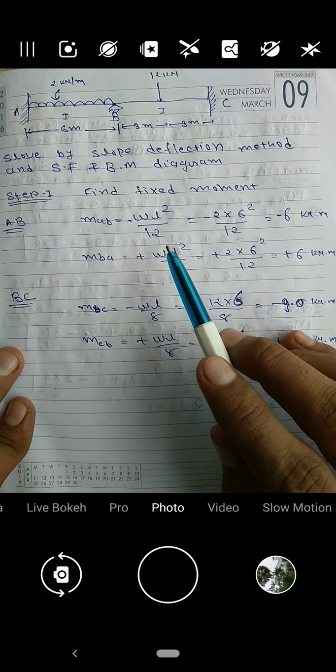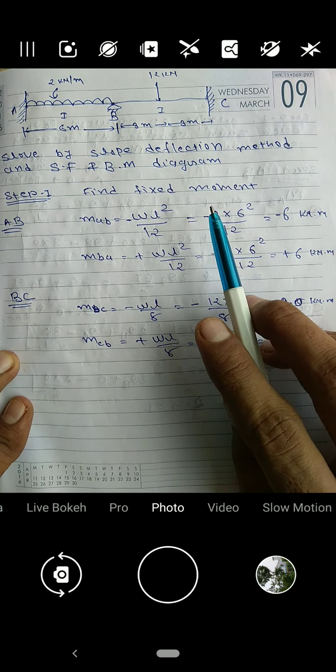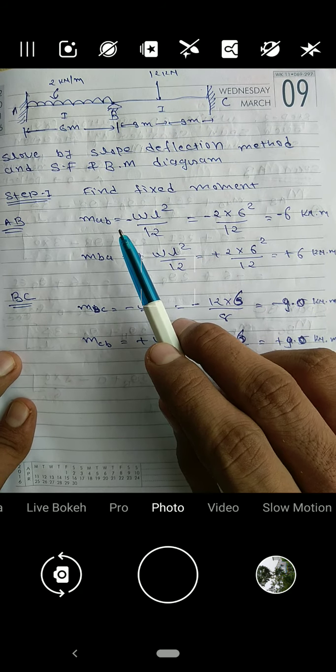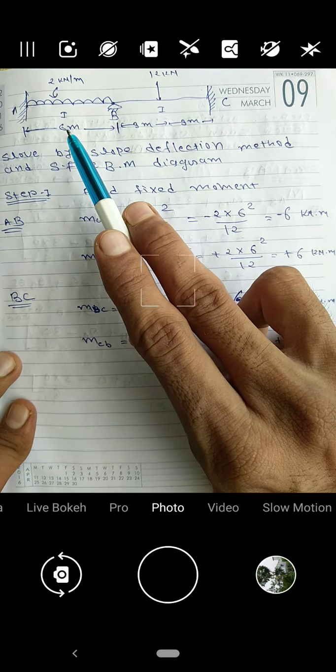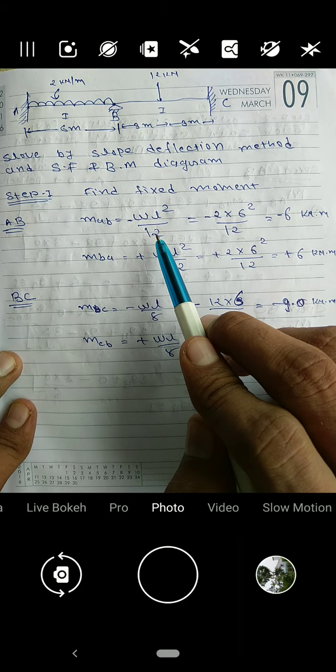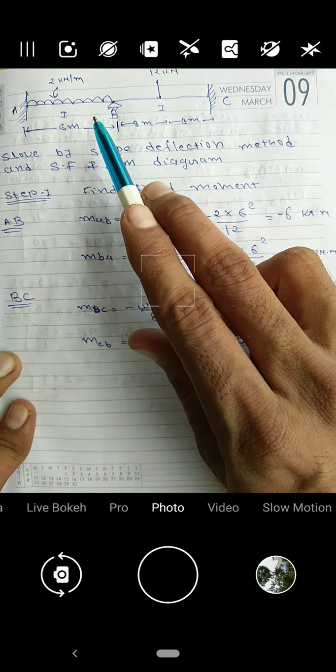The first step is to find the fixed end moment. For the fixed end moment of AB, the moment is minus WL square by 12, because it's a UDL.